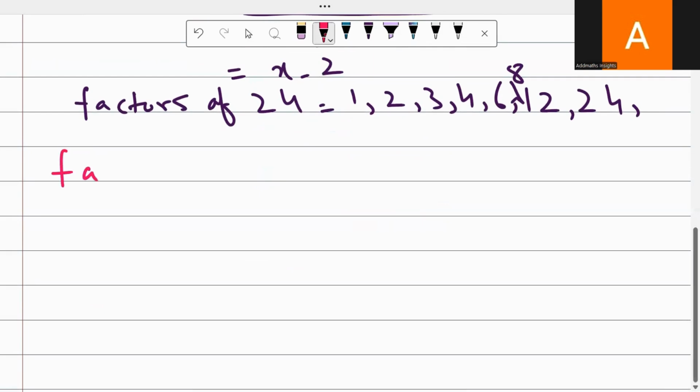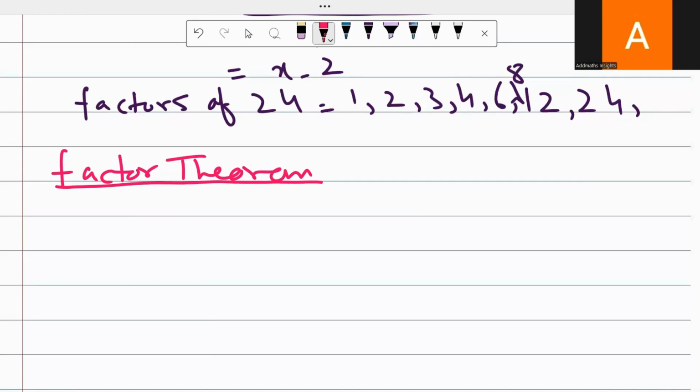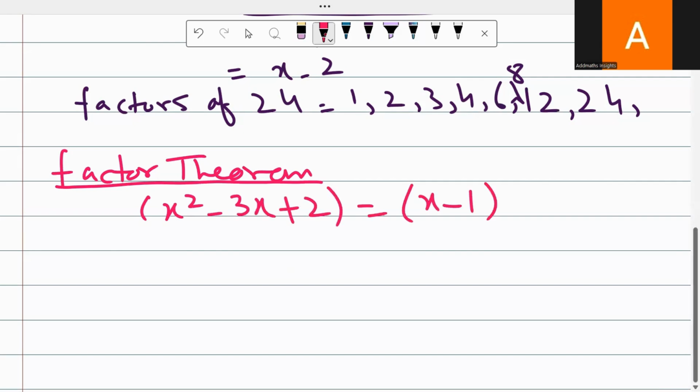The factor theorem states that, for example, you can write this expression like this: x² − 3x + 2 = (x − 1)(x − 2).